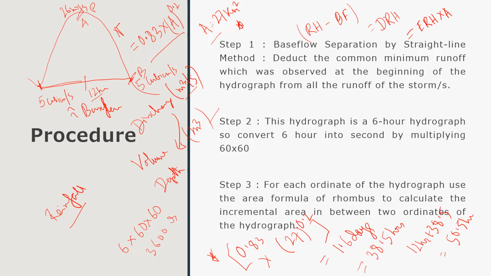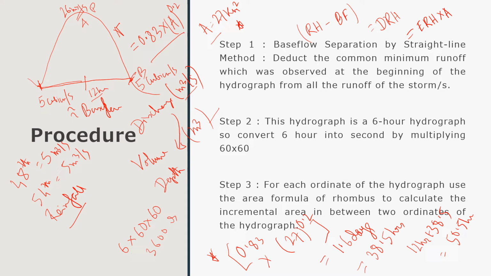Because in case of 50.5 hours also, that means the next ordinate is at the 54th hour, you see the same value of discharge is given, 5 meter cube per second. That means at the 48th hour, the discharge is 5 meter cube per second, and also in the 54th hour, the discharge is 5 meter cube per second.